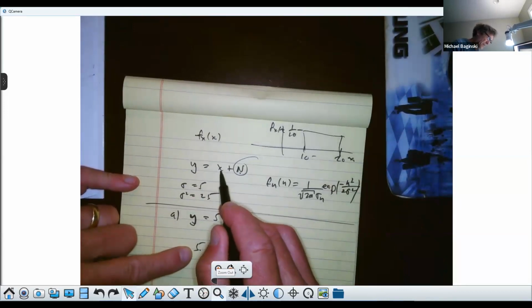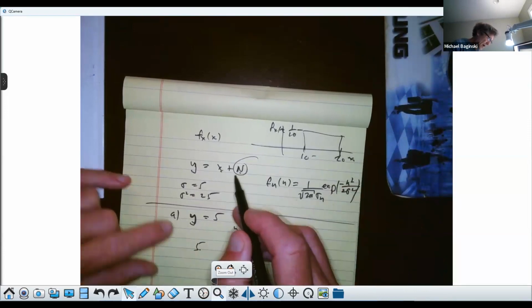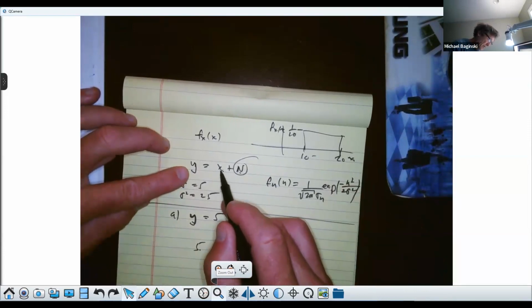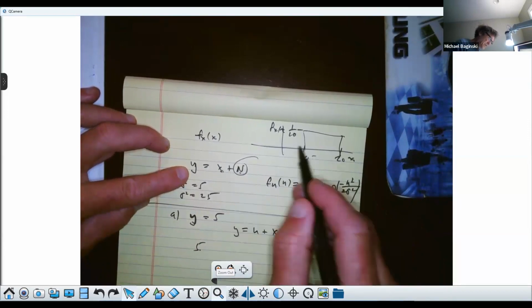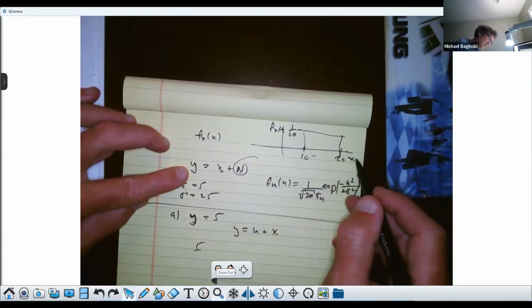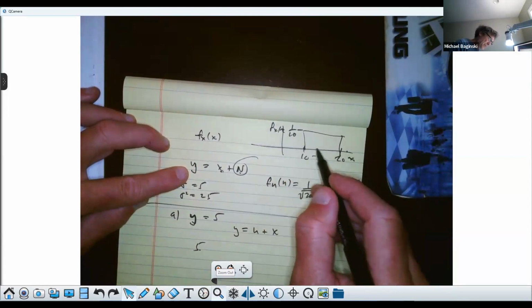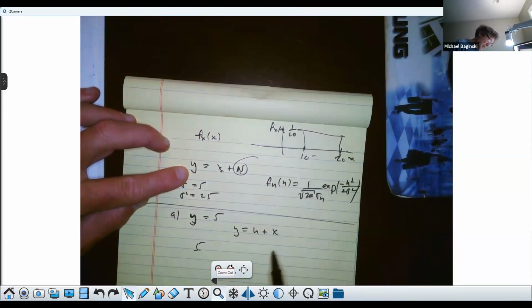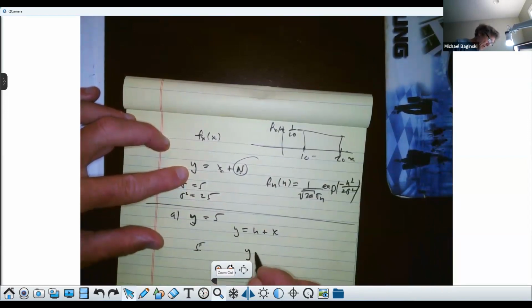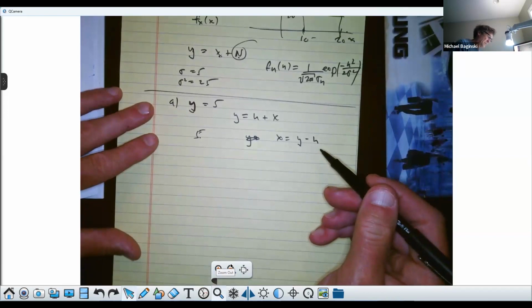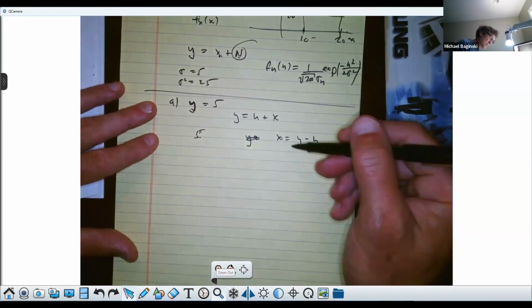So whatever value x is, when I add the noise to it, since y is observed, and x is uniformly distributed, if I add noise to this, let me put it this way, x would be equal to y minus the noise, right? In terms of what it's equal to.